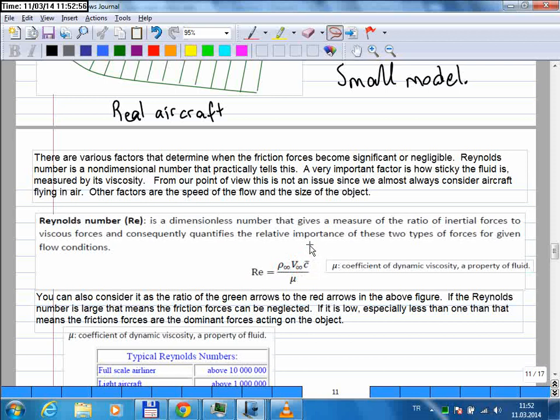Or if you are talking about a flow through a pipe, just like in the video, for that case you use the diameter of the pipe. And then in the denominator you have mu, which is the coefficient of dynamic viscosity. This is a property of the fluid. So if you put all these quantities into this relation, you get the Reynolds number.